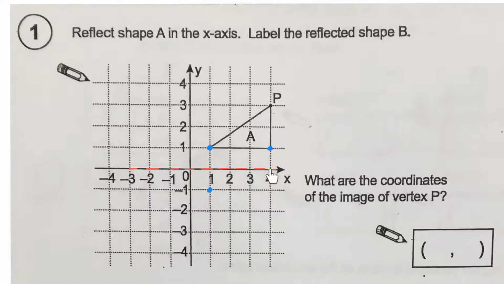From the mirror line, it is 1 up, therefore it will be 1 down, so the reflected shape's corner will be over here. Pick another point, this one here. From the mirror line, it is 1, 2, 3 up, therefore it will be 1, 2, 3 down, so over here.